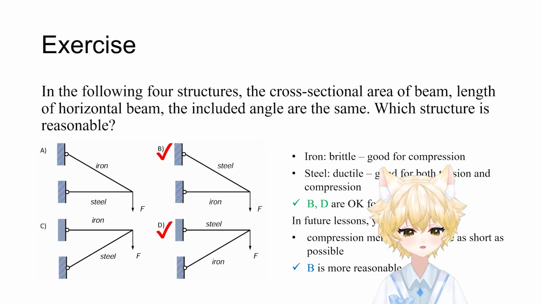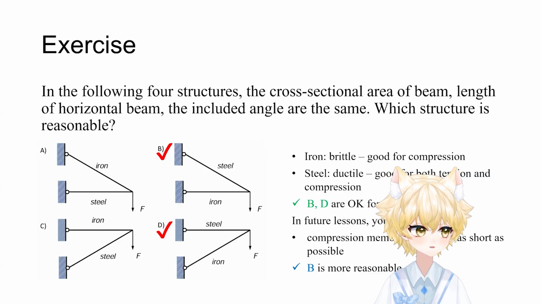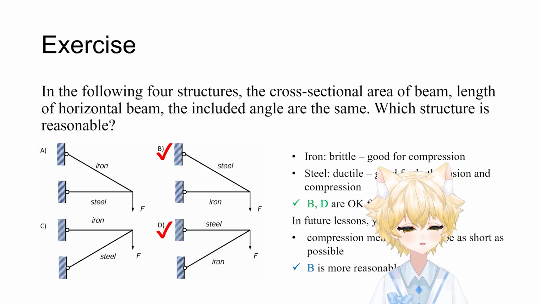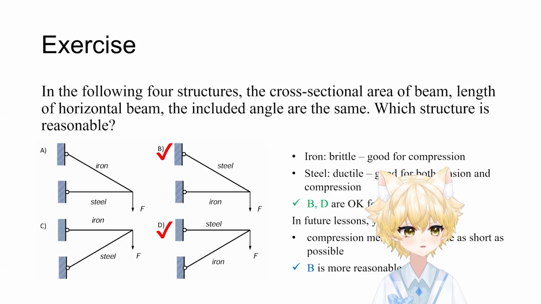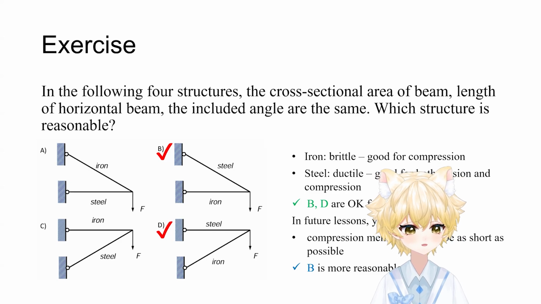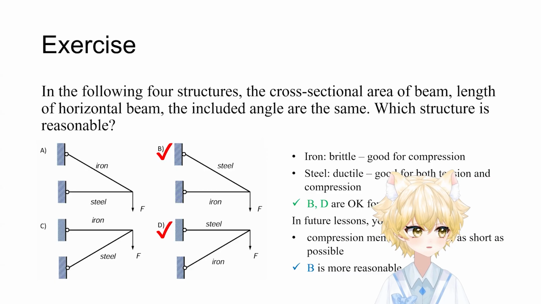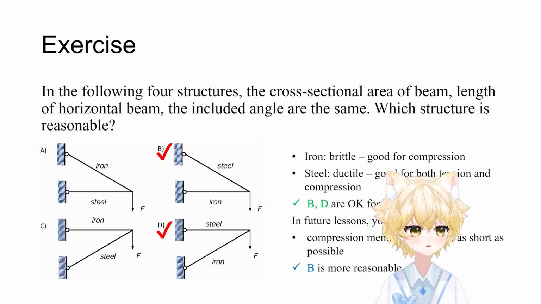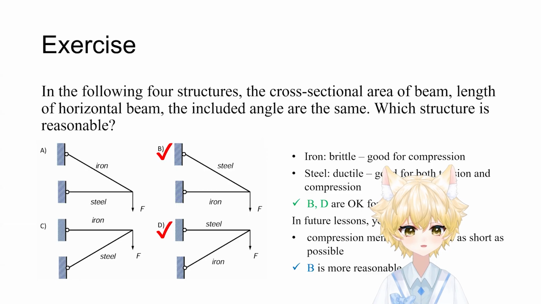Taking this into account, structure B is actually the most reasonable choice. Well, why? Because the iron is under compression, right? We want to make the iron beam as short as possible. Therefore, D is not so suitable for this kind of structure. Therefore, B is the best choice, and B and D are acceptable choices.